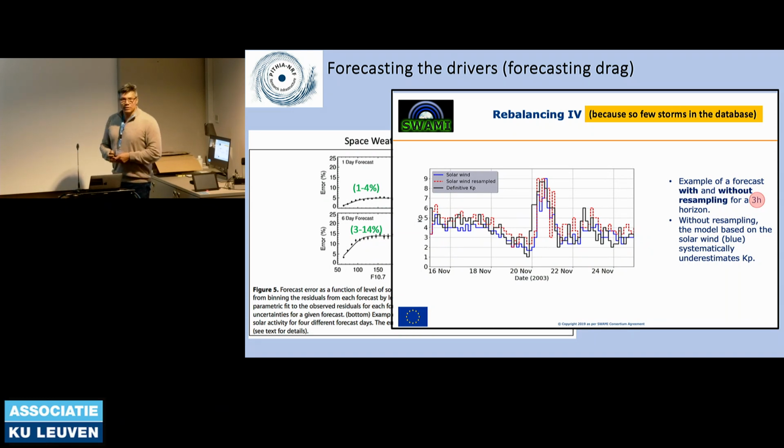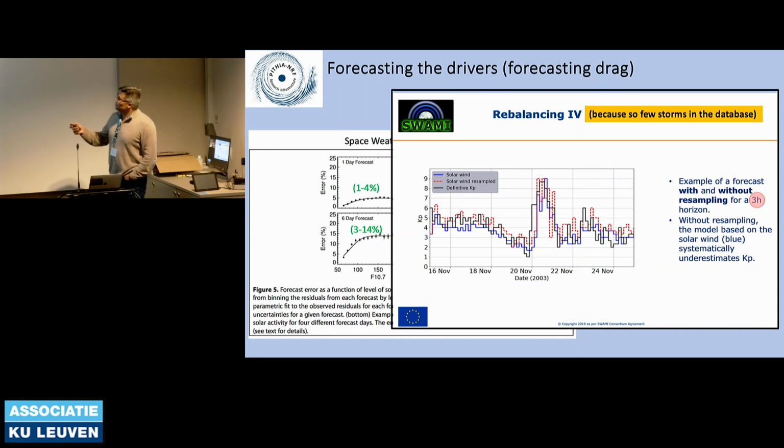Same thing for geomagnetic activity. So here it's shown again for Kp. Yesterday, what did Giovanni call this? He said artificially augmenting the number of extreme events in his database. In machine learning, actually, it's called rebalancing.